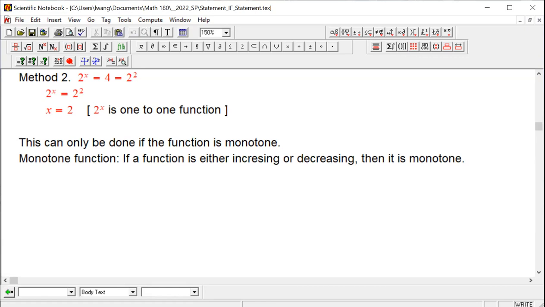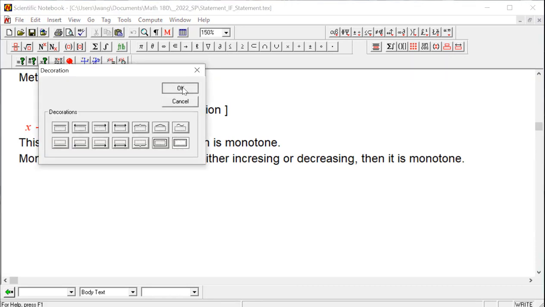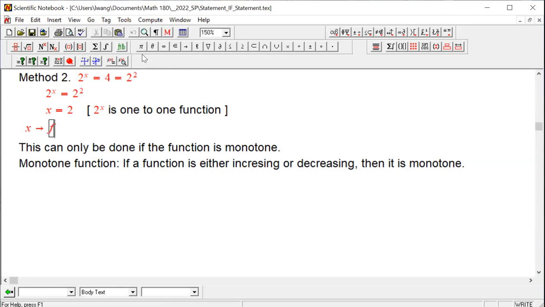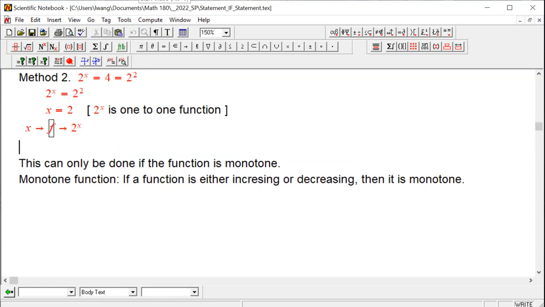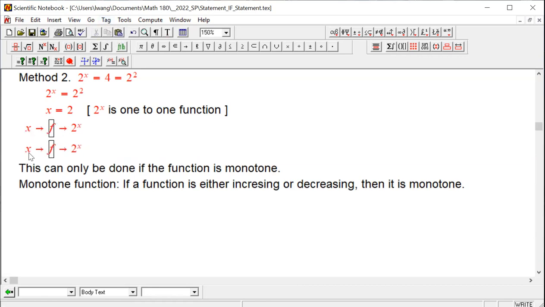So I want to put all these reasons here because we're going to do a comparative example. Now the function we consider at hand is 2 to the power x. So when x equals 2, it is 2 to the power 2. And what does this tell us?